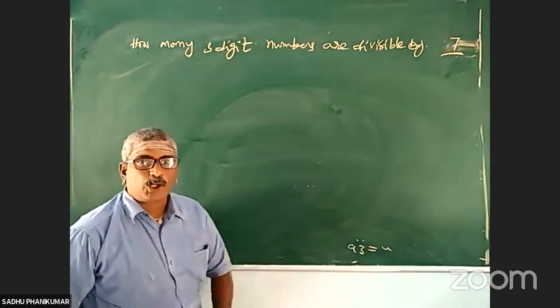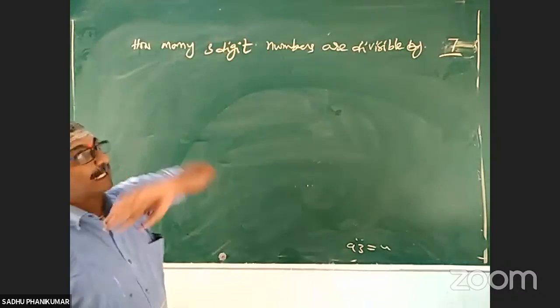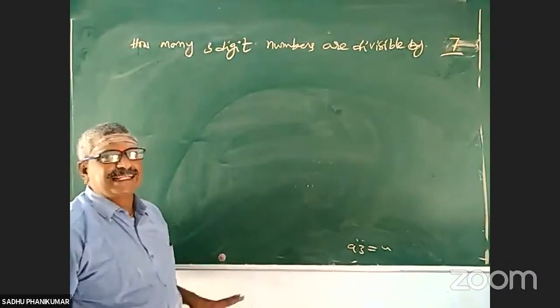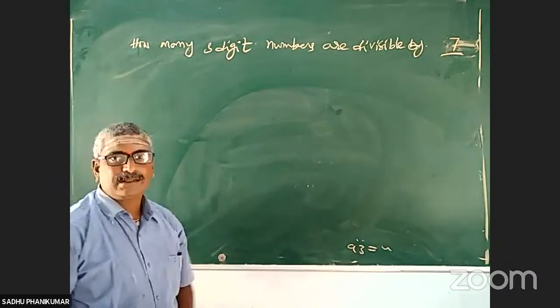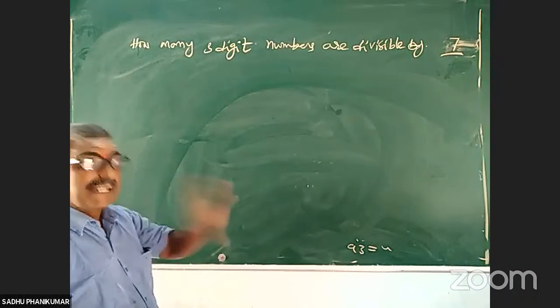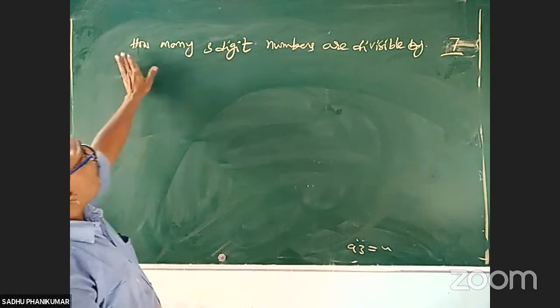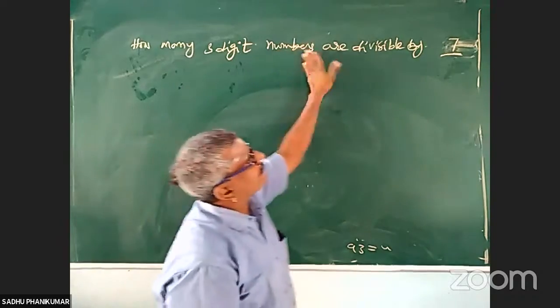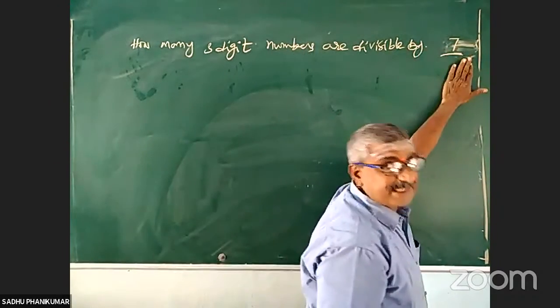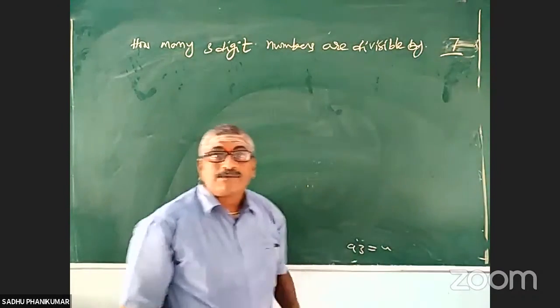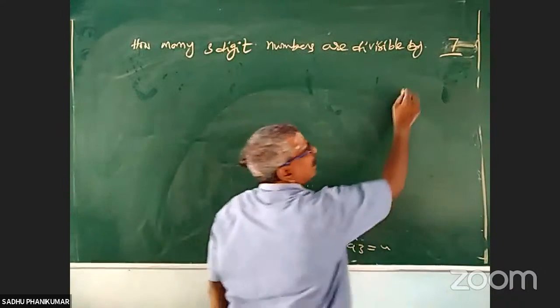Okay, don't get confused. By seeing that problem, there is no A, no D, nothing given. But don't panic, just think cool and calm. How many three-digit numbers are divisible by 7? That is the question. First of all, where will the three-digit numbers start?